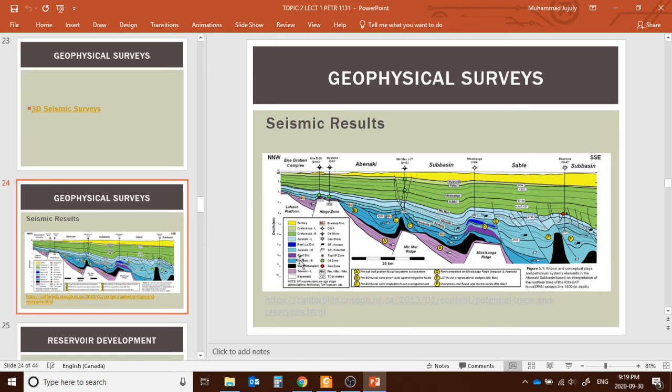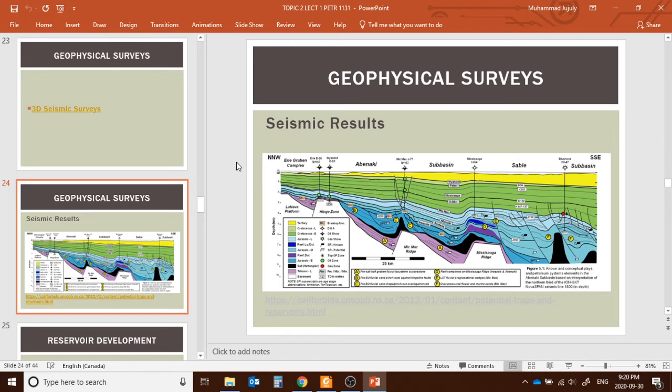Now what would be the next stage? The next stage would be to drill, to do some experimental drilling, and after that you will send some sensors, and these sensors will collect the data, and from this data you will interpret.